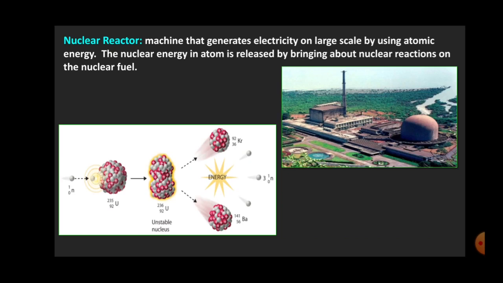One uranium-235 is dividing into two, then again the other ones will divide into more. So this chain reaction, now how to control this? To control this chain reaction is to prevent the probable explosion. Otherwise, it can explode. So we have to take precautions. Now how will we control it?